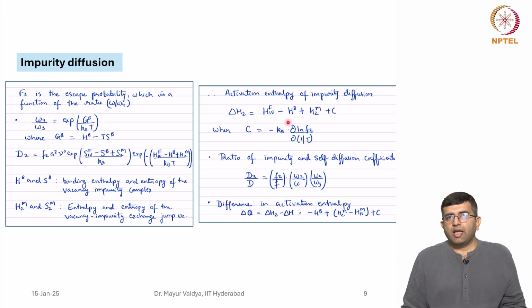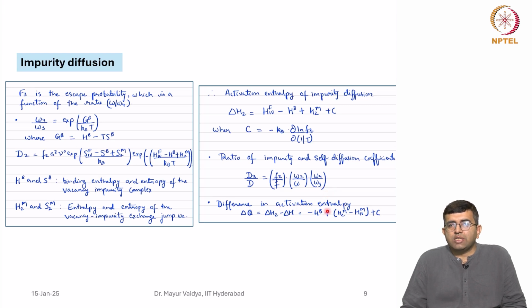So, the activation enthalpy has this term which is vacancy formation energy, the binding energy is subtracted, migration enthalpy, and an additional term C, which takes into account the correlation factor dependence on temperature. So, the ratio of impurity and self diffusion coefficient, if you calculate, depends upon D2 by D is equal to F2 by F times omega 2 by omega times omega 4 by omega 3.